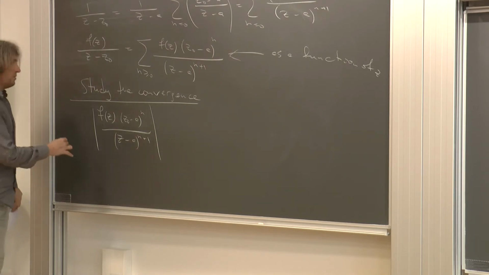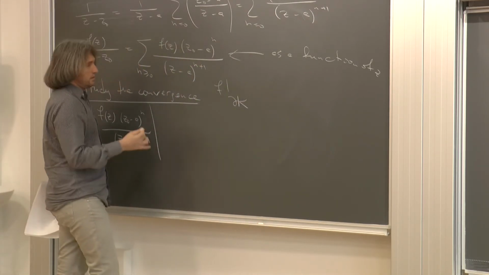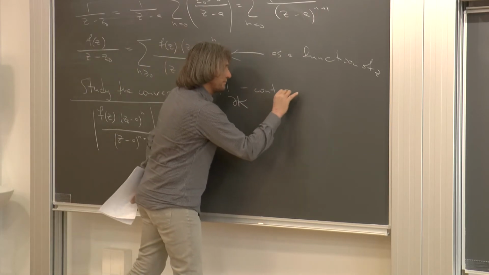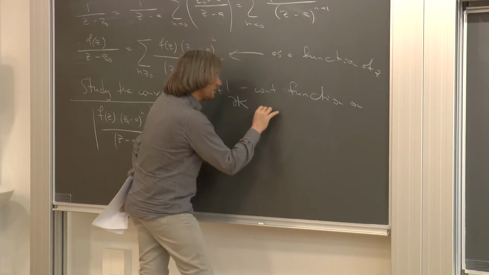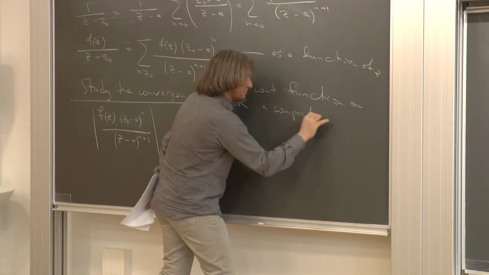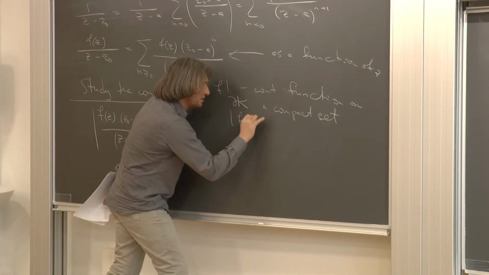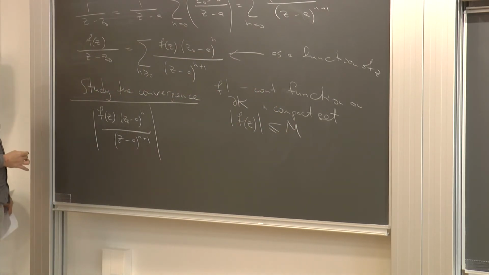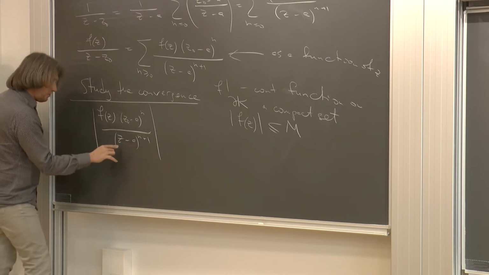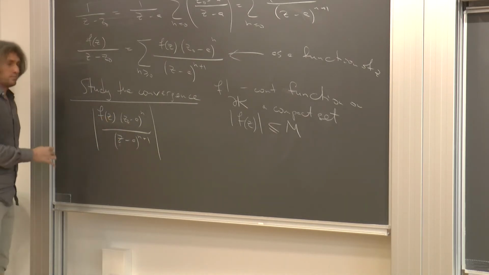F restricted to the circle is a continuous function on a compact set, so the absolute value of f of z can be estimated from above by some constant M. Notice that from our point of view z is a variable, so this is a constant, just a number for us.